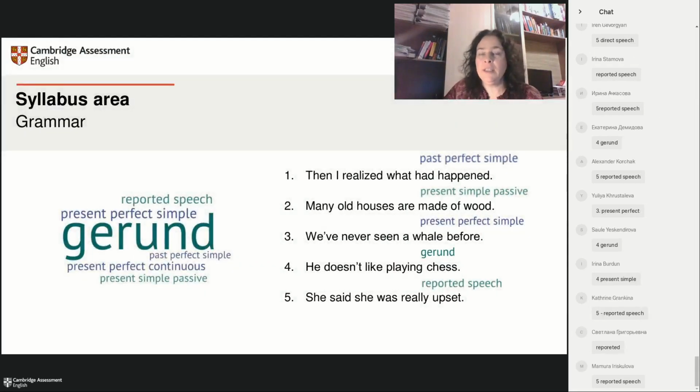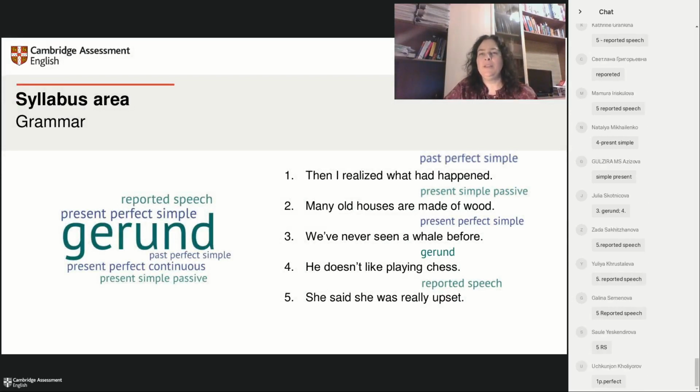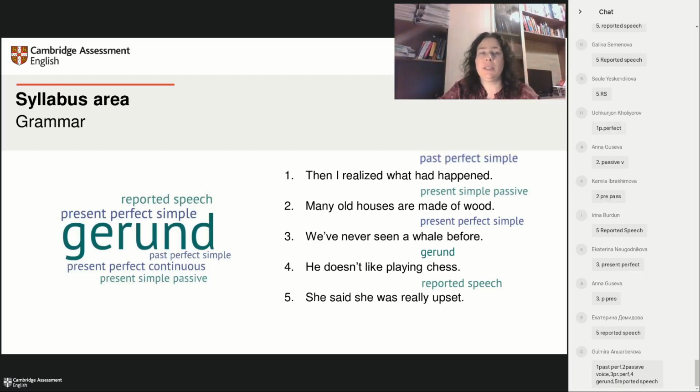I'm highlighting the correct answers, and I didn't see any problems there. Even if your present simple is misspelled, it's not a problem for TKT because you won't be writing or spelling out things. So this is one of the aspects that the grammar section deals with.